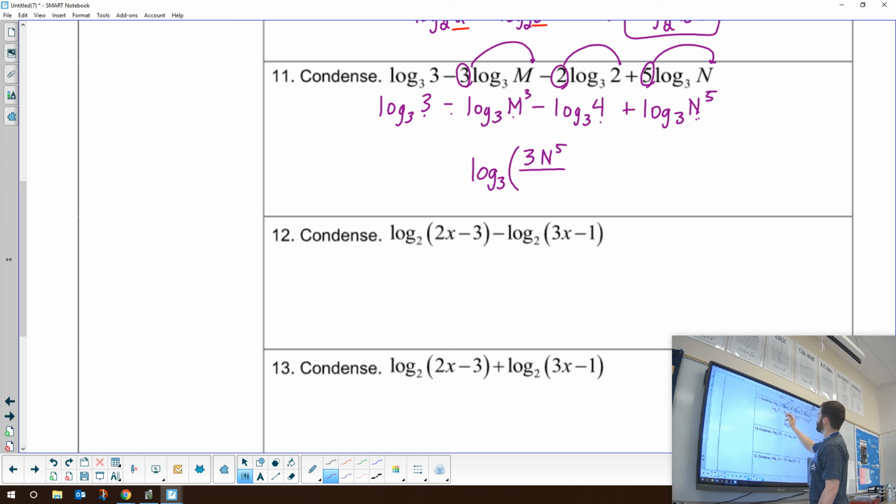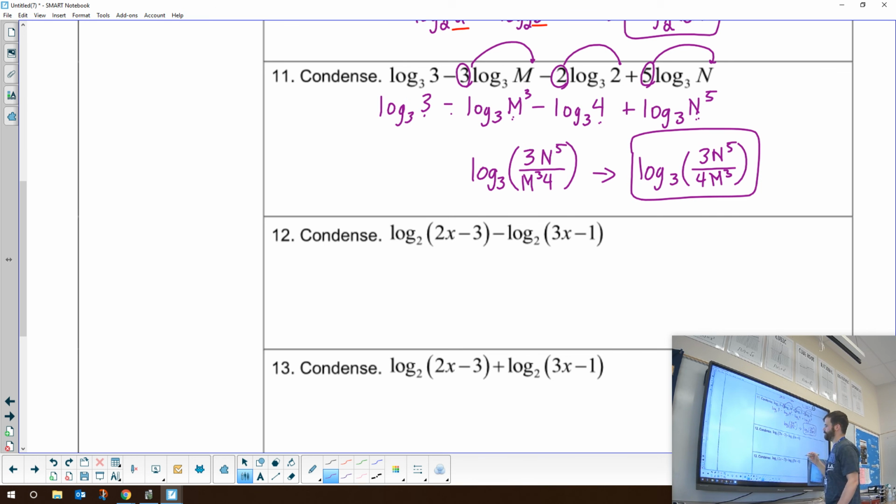And then on the bottom, I am subtracting, so we're dividing by m to the 3rd and 4. We can rewrite this with the 4 in front. We can go log base 3 of 3n to the 5th over 4m to the 3rd.